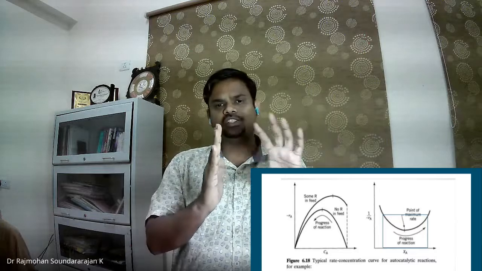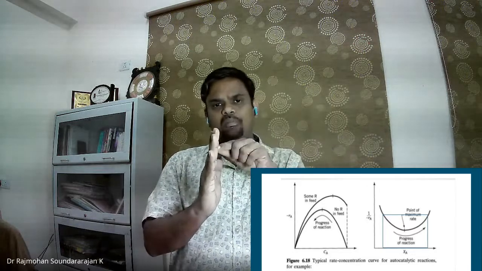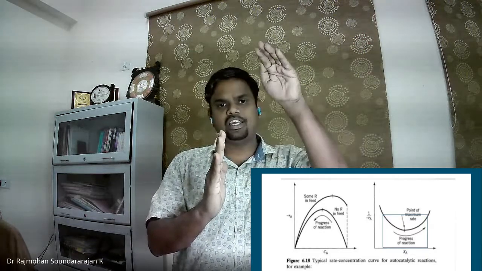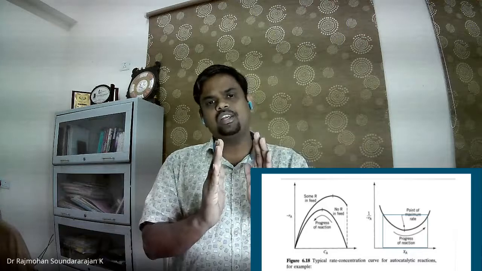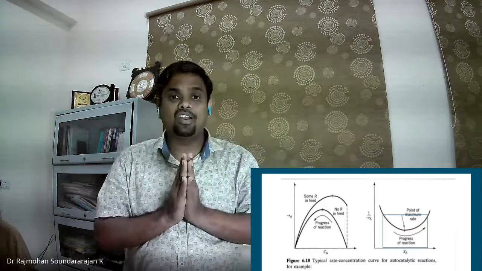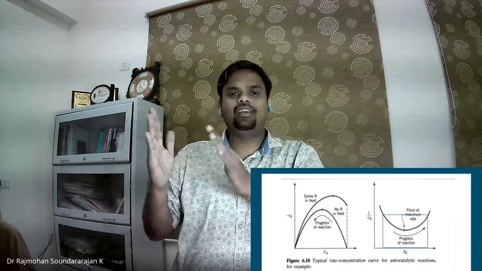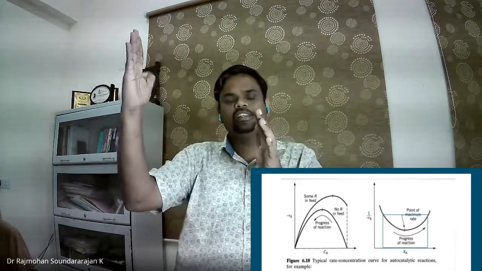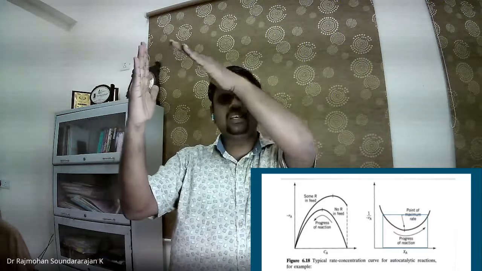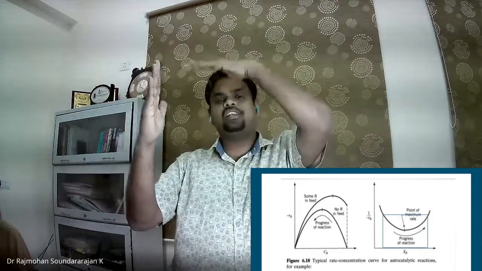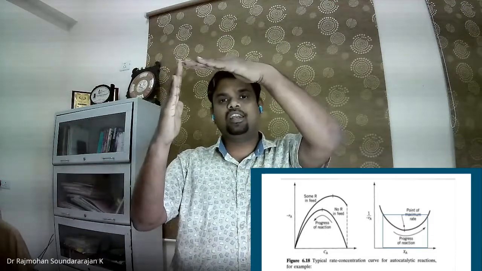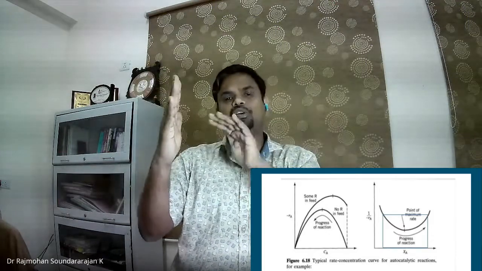The volume required for the CSTR is smaller compared to the PFR, because for the PFR it is the area under the curve. So CSTR is preferred for an autocatalytic reaction when the conversion is low. When the conversion is very high, again in the U shape at the end, the rectangle is more and the area under the curve is going to be small.